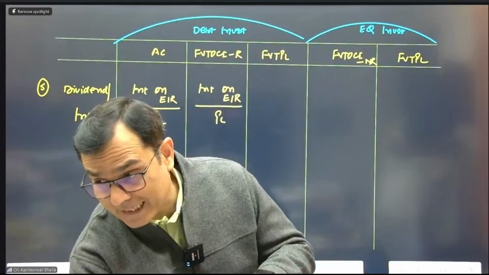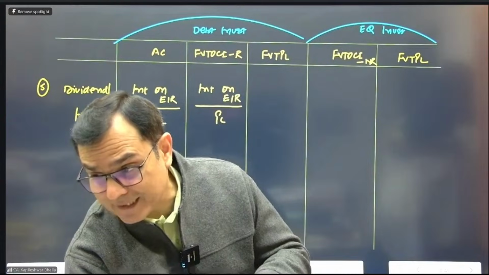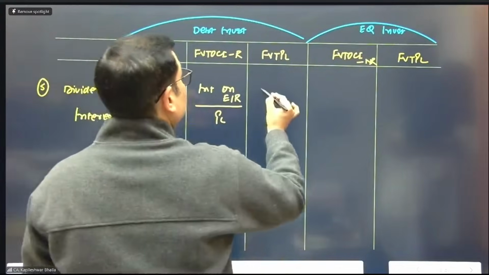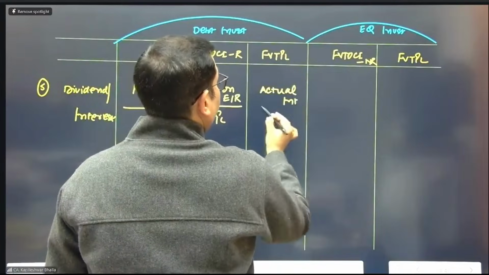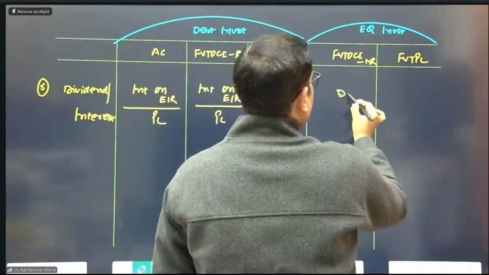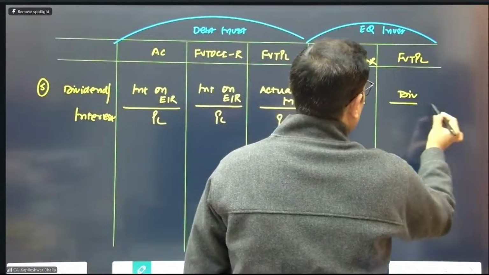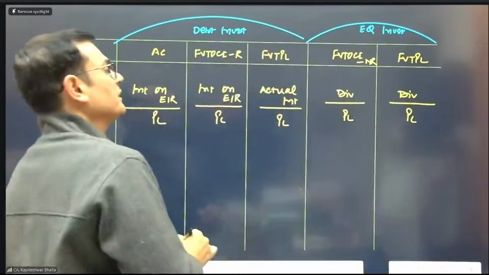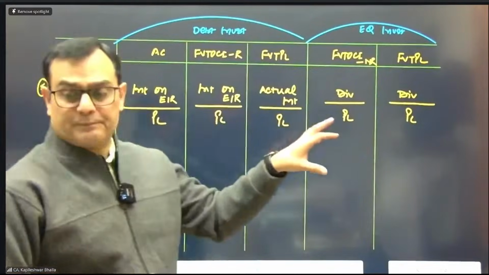So are we going to capture the actual interest because EIR does not apply? That's absolutely correct. So here we can say it is the actual interest which will be captured in the profit and loss. And in this case, you can say it is the dividends in the P&L. So the dividends will be taken in the P&L. So that's the dividends or the interest income captured.